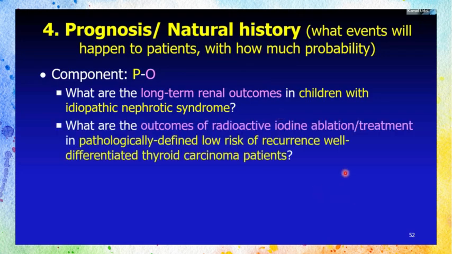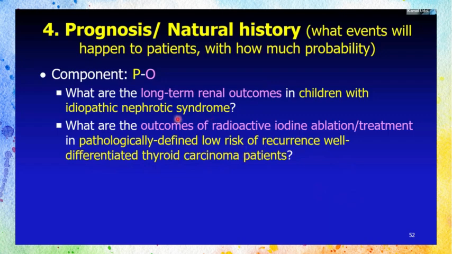What are the outcomes of radioactive iodine ablation or treatment in pathologically defined low risk of recurrence, well-differentiated thyroid carcinoma patients? Just two components, target population, patients with this disease, well-differentiated thyroid carcinoma with pathologically defined low risk, so it's low risk patients.